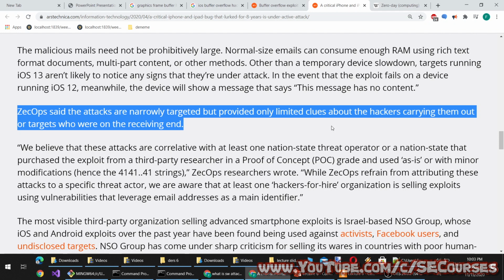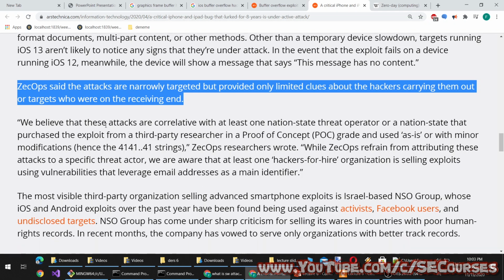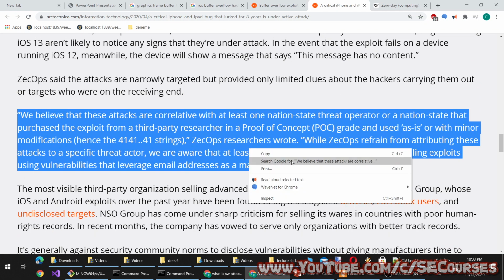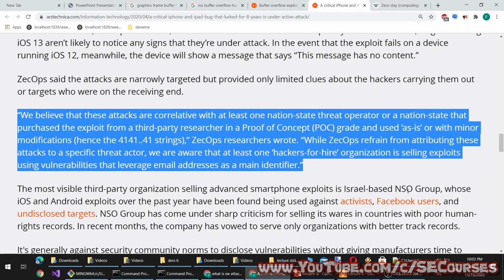SECourses said the attacks are narrowly targeted but provided only limited clues about the hackers carrying them out or targets who were on the receiving end. "We believe that these attacks are correlative with at least one nation-state threat operator or a nation-state that purchased the exploit from a third-party researcher in a proof-of-concept (POC) grade and used as is or with minor modifications, hence the 4141.41 strings."